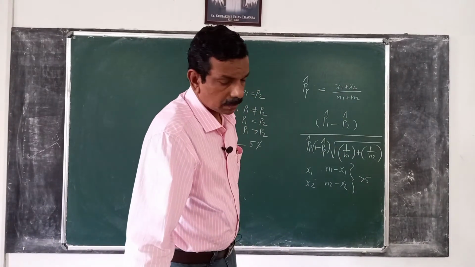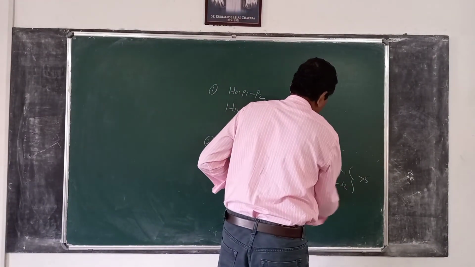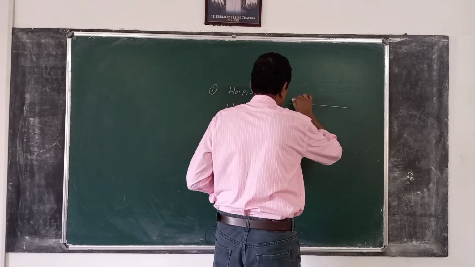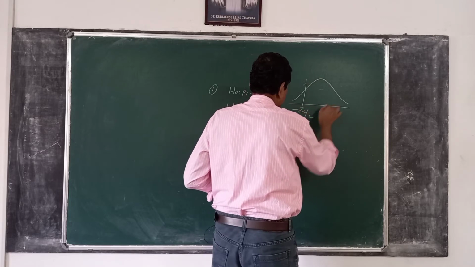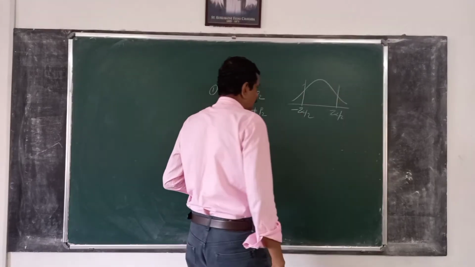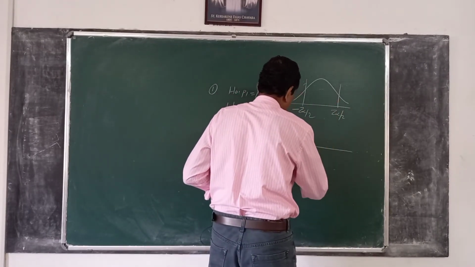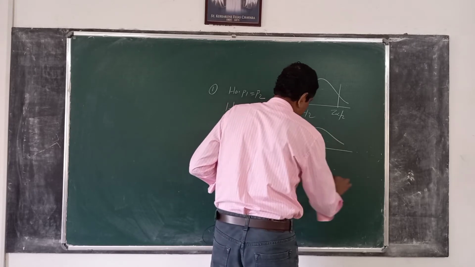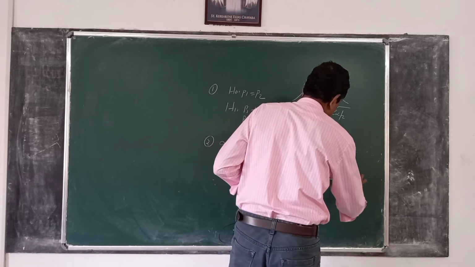Then the critical values are, as usual, minus Z alpha by 2 and Z alpha by 2 for a two-tailed test; for a left-tailed test, minus Z alpha; for a right-tailed test, Z alpha.